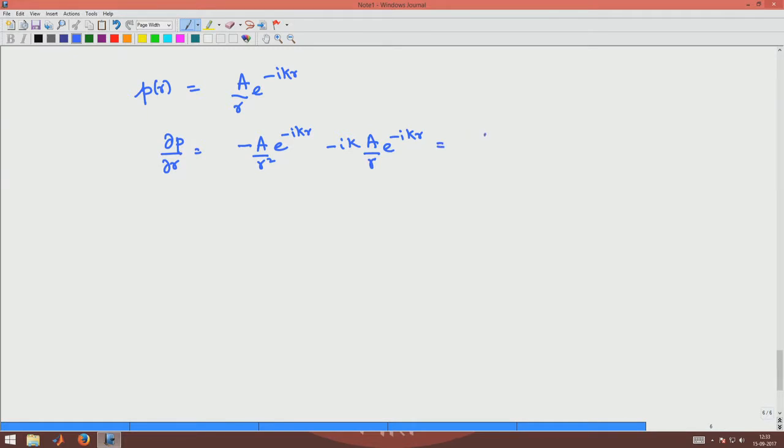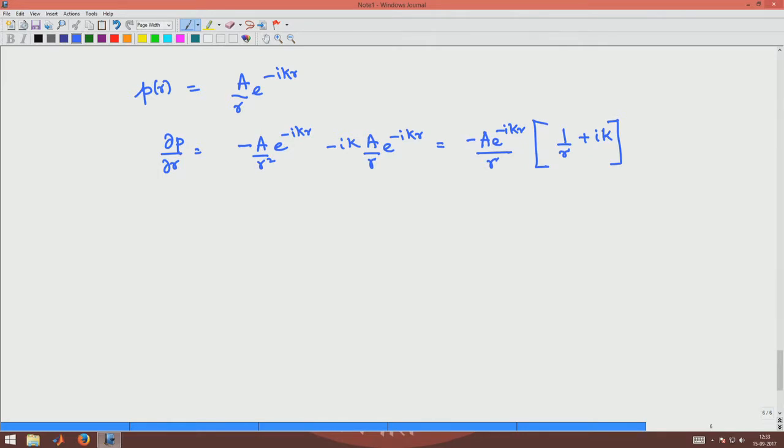If we take minus a e to the power minus i k r by r as common, we get 1 by r plus i k.